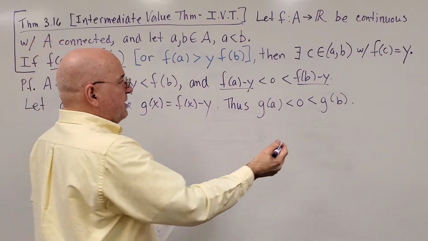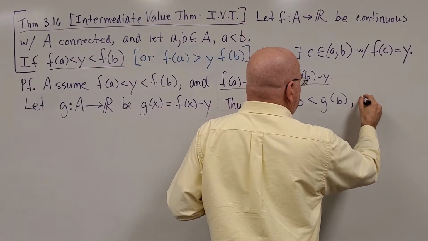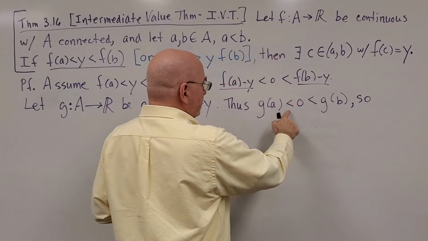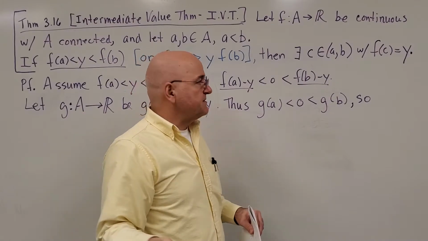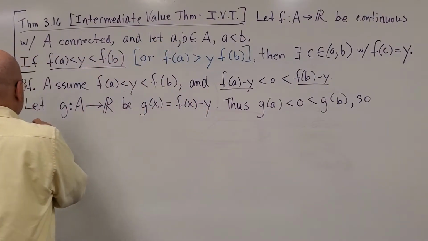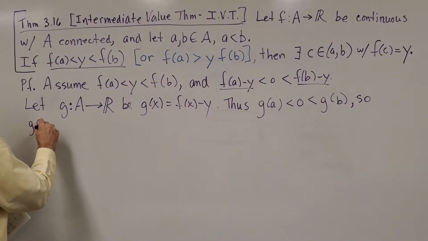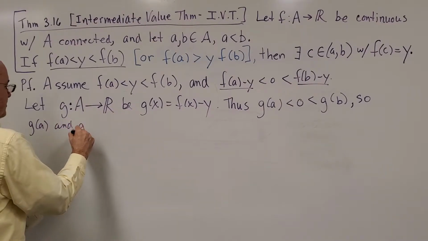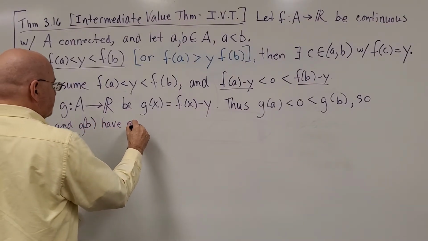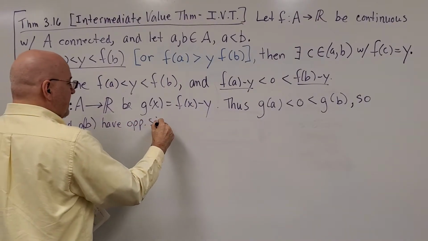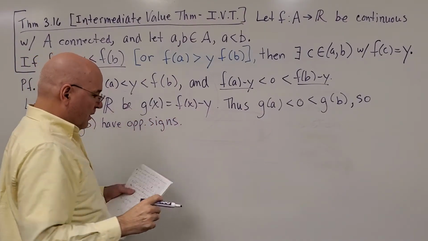All right, so maybe I'll add on one more sentence here. So, what does that tell you? If one is to the left of 0, one is to the right of 0, that means they have opposite signs. So, g of a and g of b have opposite signs. One of them is positive, one of them is negative.